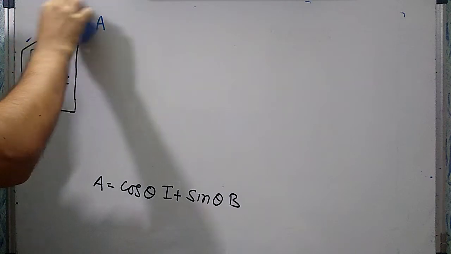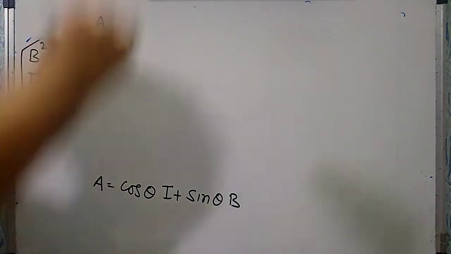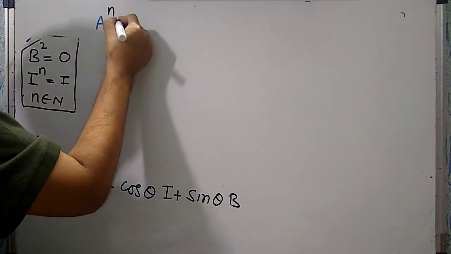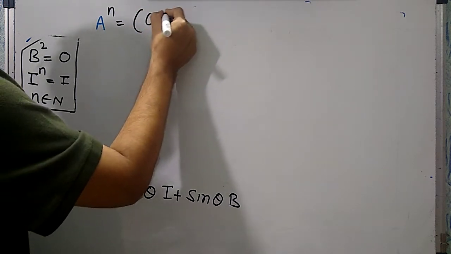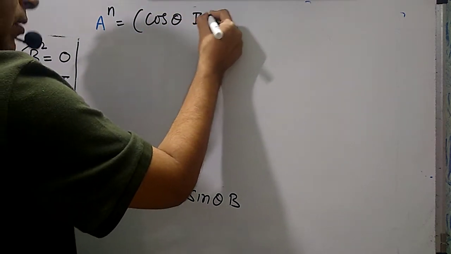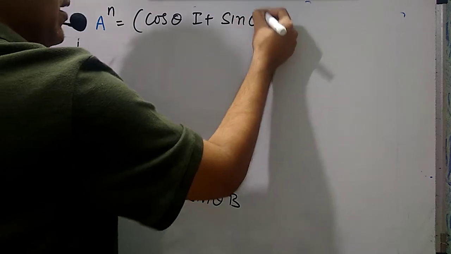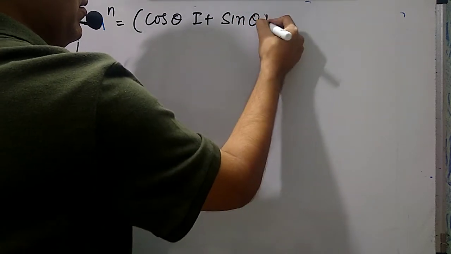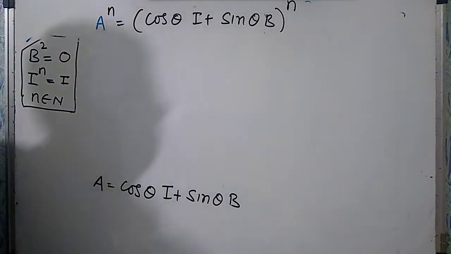What is A to the power n? A to the power n will be (cos theta times I + sin theta times B) whole power n.